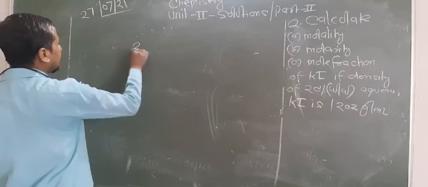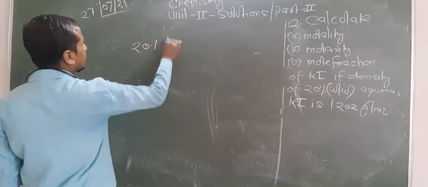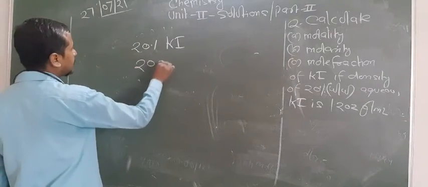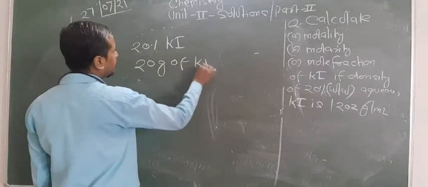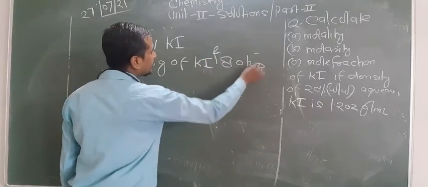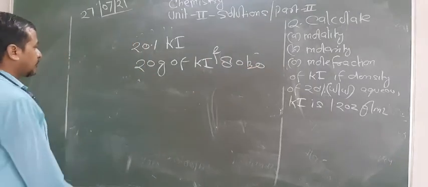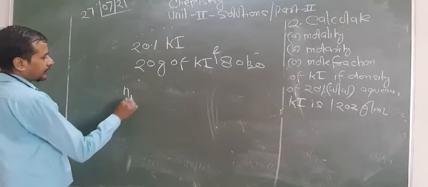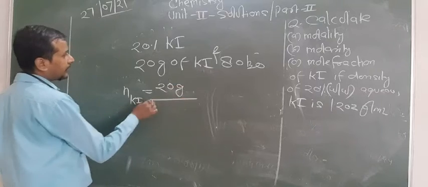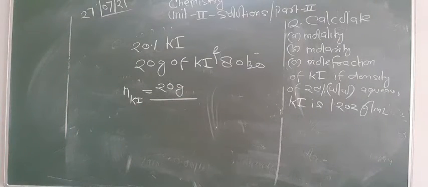So now a 20% KI solution mass by mass means 20 gram of KI and 80 gram of water. By this way we can find the number of moles of KI: 20 gram divided by the molar mass of potassium iodide. Can anyone tell me? No one?